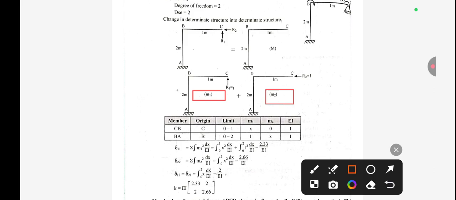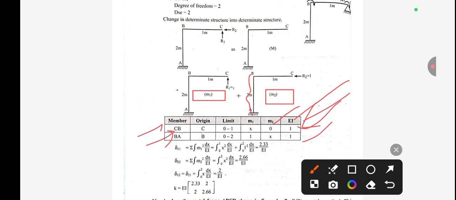For the BA section, when you take out a section, the value will be x into 1, so for BA, M2 will be x. According to the question, the flexure rigidity is constant, so we take the value of EI as 1, for both the CB and BA sections.